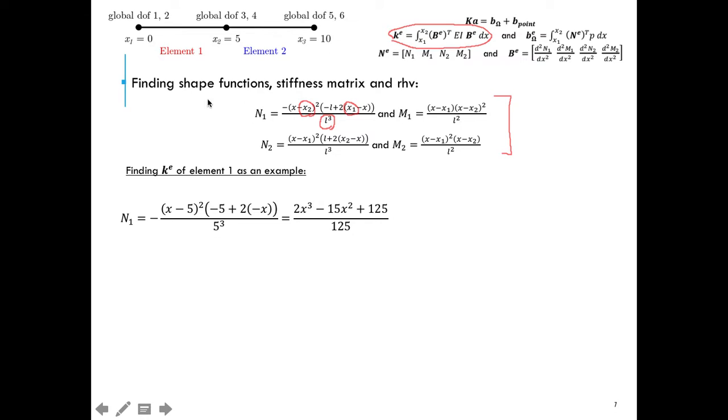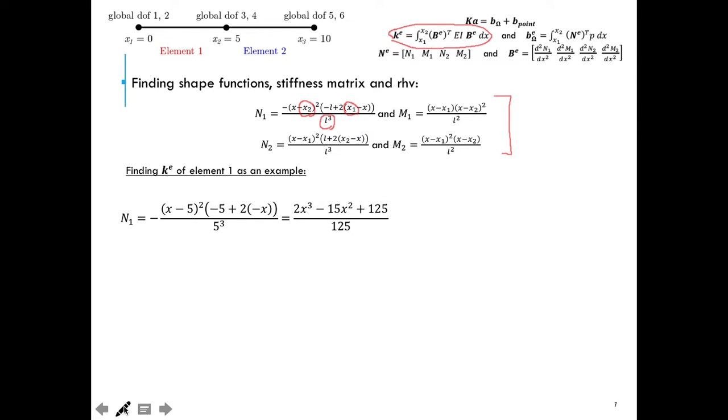So that just disappears. Minus x. All of this divided by L cubed, which is of course 5 cubed. Great. So simple, straightforward substitution of the element nodal positions and the element length. And if I simplify this further, I get this expression right here.